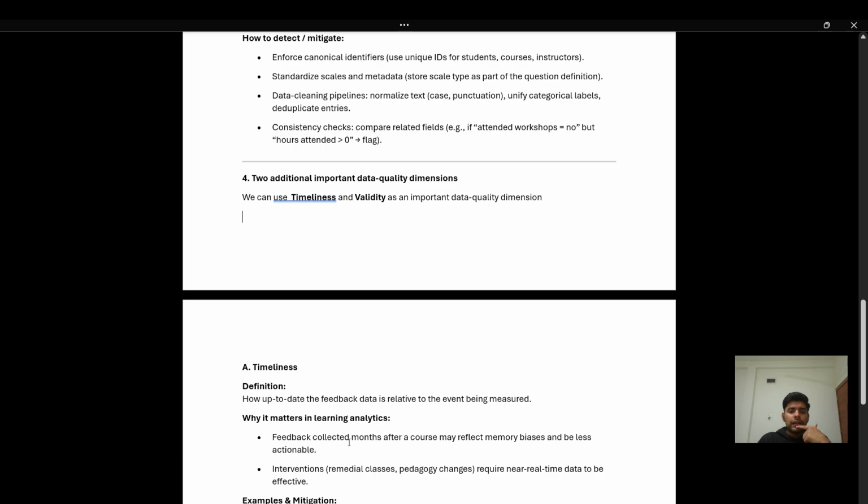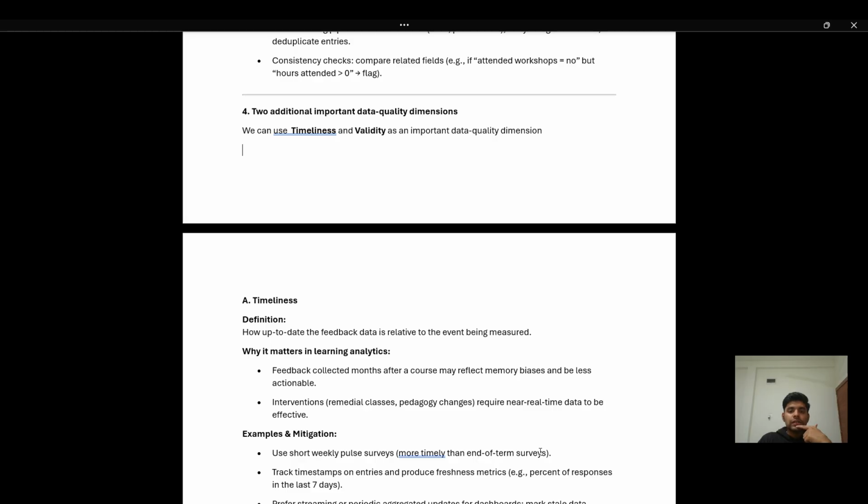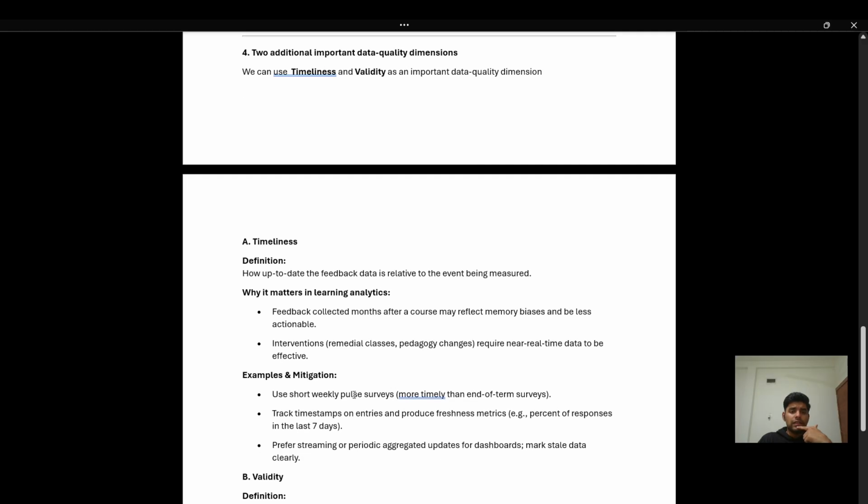Feedback collected months after a course may reflect memory bias and be less actionable. Interventions like remedial classes and pedagogy changes require near real-time data to be effective. For example, short weekly pulse surveys are more timely than end-of-term surveys.